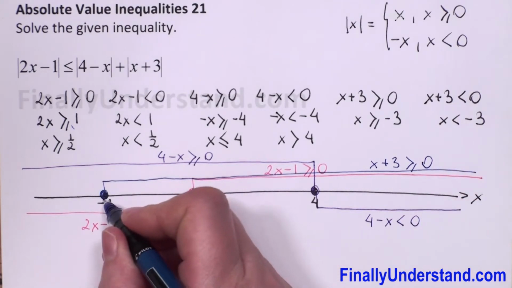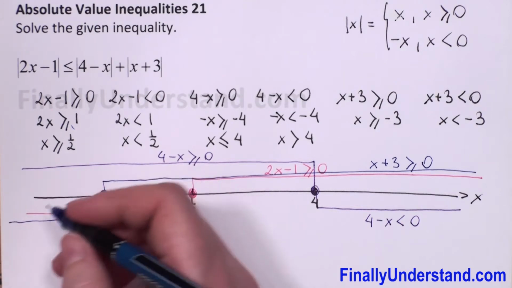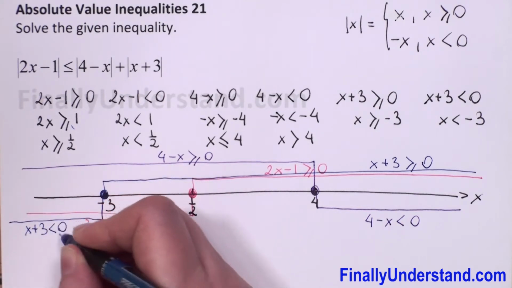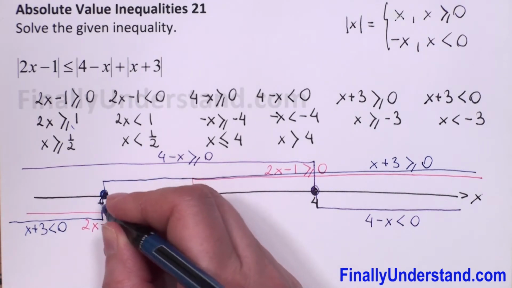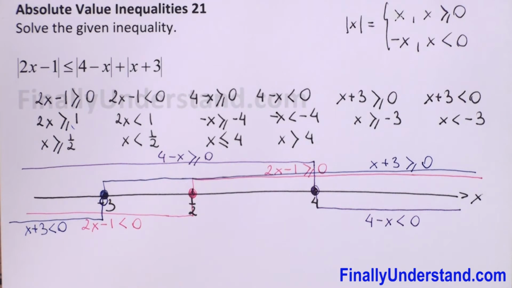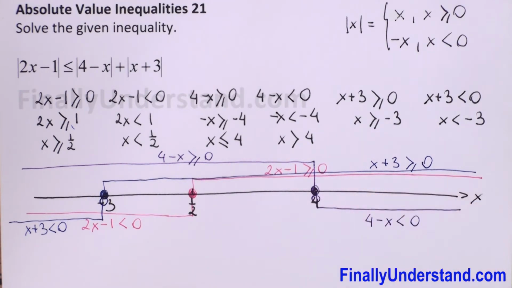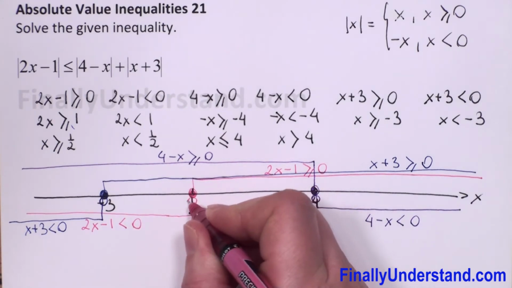And on the left side we have values for x plus 3 less than 0. And I forgot to put that this number is not included, and the same will be for 4 and for 1/2.